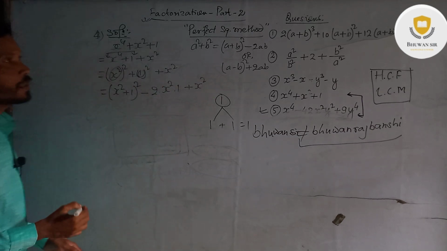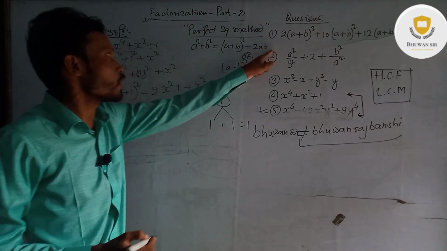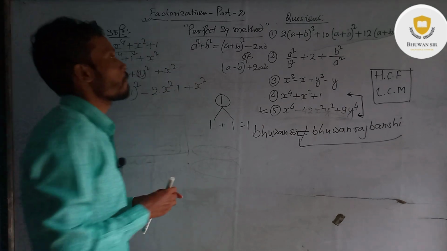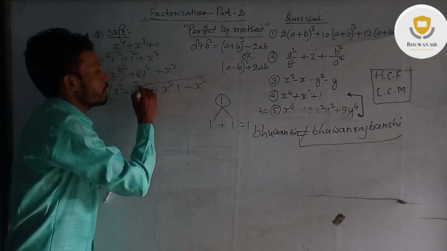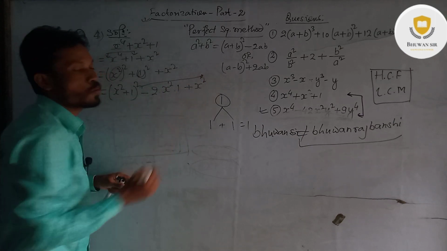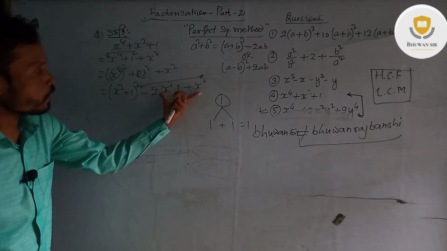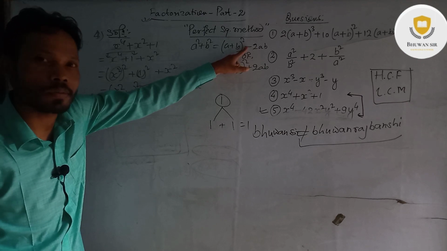Now the important part is, how do you know that this formula is suitable for this question? How do you know? The best option is, after solving this part, if you are getting a negative square, remember, then this formula is suitable.